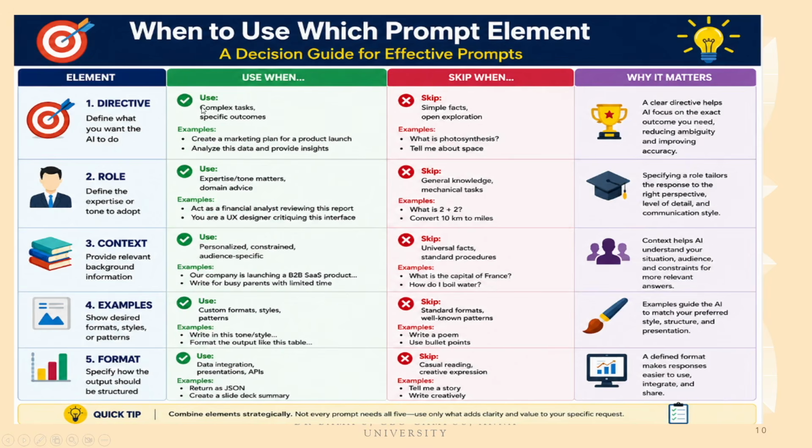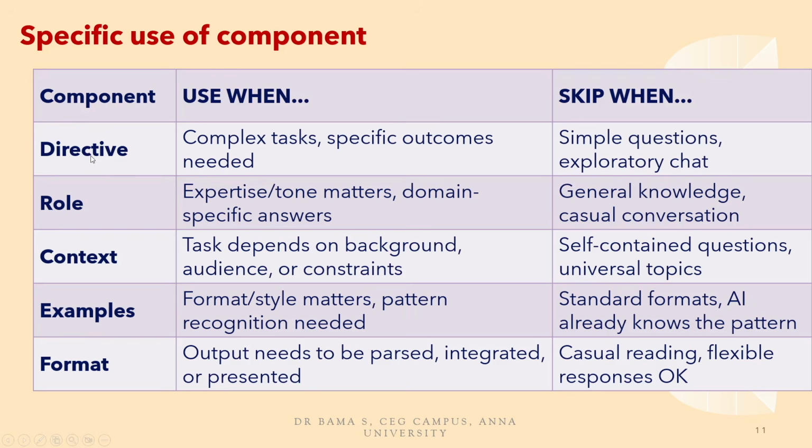So in directive there are some cases where we can use and skip, and similarly role, context, examples and format, which I will be going through in detail now. So in directive we have to use it when there are complex tasks, specific outcomes are needed, and it can be skipped when there are simple questions like the exploratory chat.